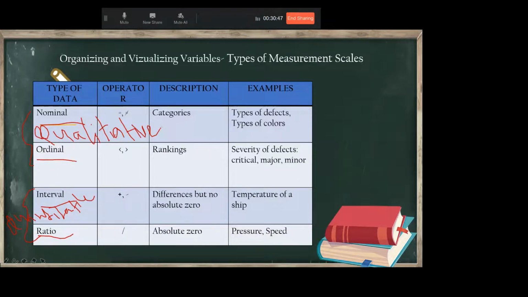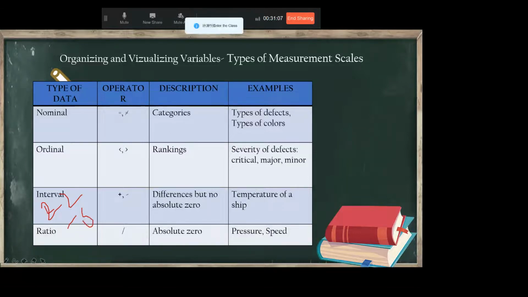What is interval? Interval scale, as I told you last time, is where the interval is given, right? You can have different intervals, like from 20 to 30. I gave you the example of temperature, right? So high temperature is 22 and low temperature is -5, for example.